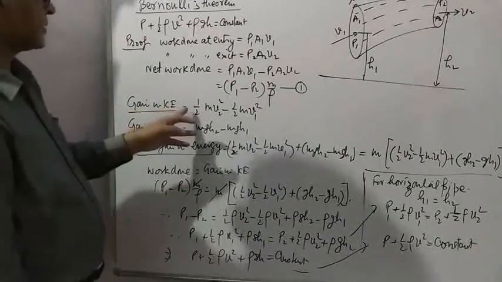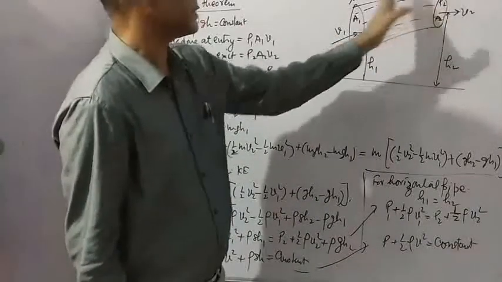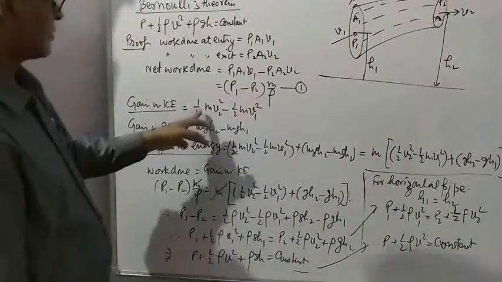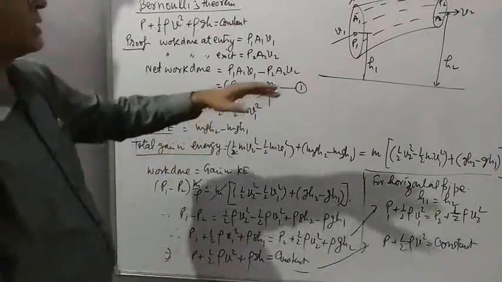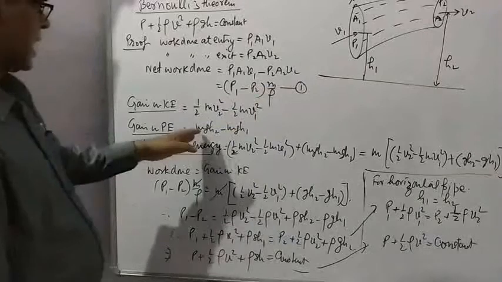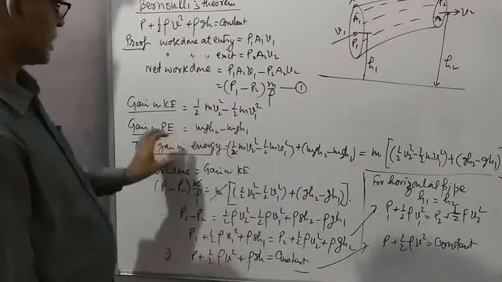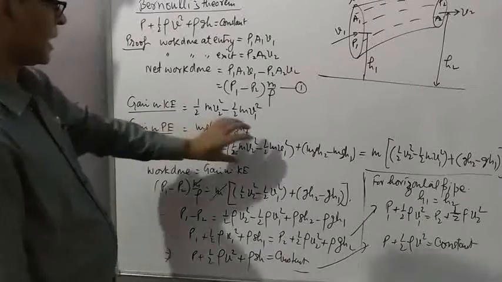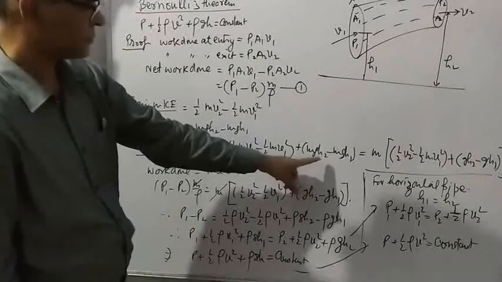Gain in kinetic energy will be half mv2 square minus half mv1 square. Similarly, gain in potential energy is mgh2 minus mgh1. So total gain in energy is equal to gain in kinetic energy plus gain in potential energy.